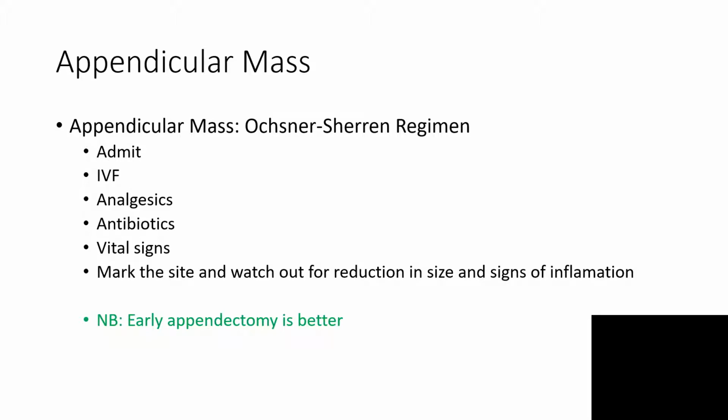It's possible you have what we call appendicular mass. Appendicular mass in some parts of the world could be treated using a regimen called Ochsner-Sherren. In the Ochsner-Sherren regimen, you admit, give your intravenous fluid, give analgesics, give your antibiotics, monitor the vital signs, and do one extra thing. Mark the size of the mass on the skin and watch out for reduction in size and signs of inflammation.